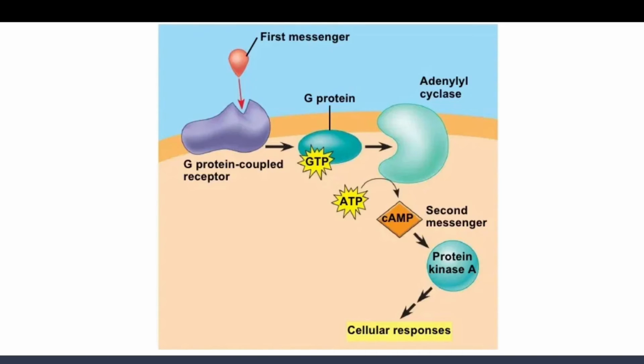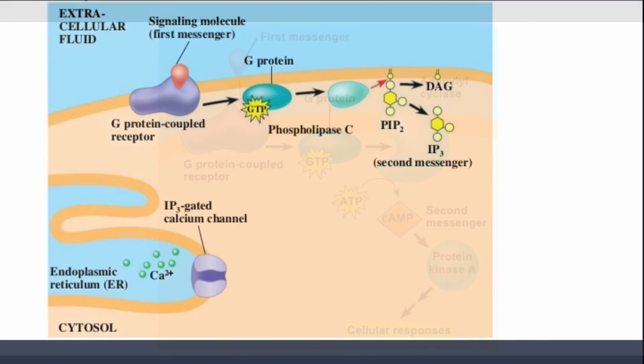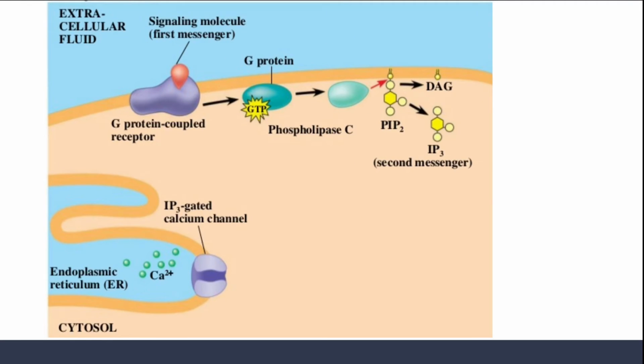This means that cyclic AMP is our second messenger, and its presence alone helps to convey information. It normally activates a single protein, protein kinase A, which is important for signaling, and it achieves the physiological response of phosphorylation.